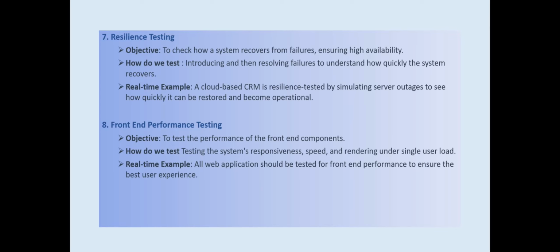And next comes the resilience testing. So resilience testing is interesting testing. This is also called chaos testing, or they have different names, but we can call it resilience testing. The purpose of this test is to check, if something goes wrong in a distributed environment, if one component of the whole architecture goes down, how does the system handle that failure?